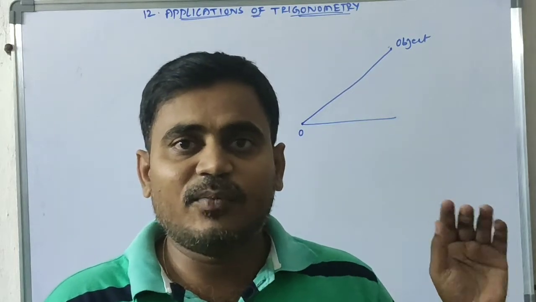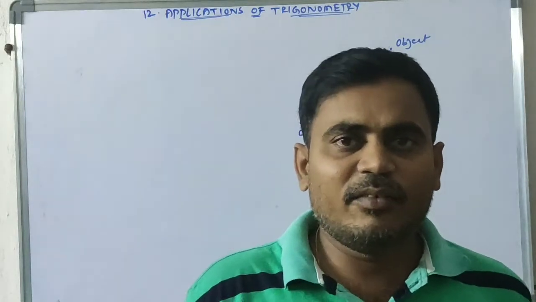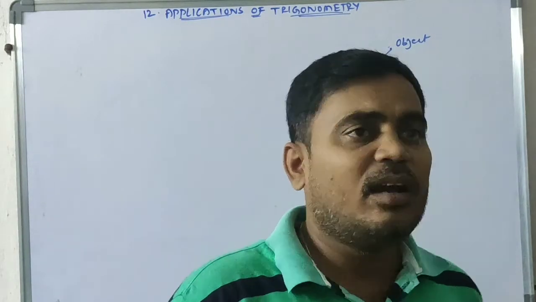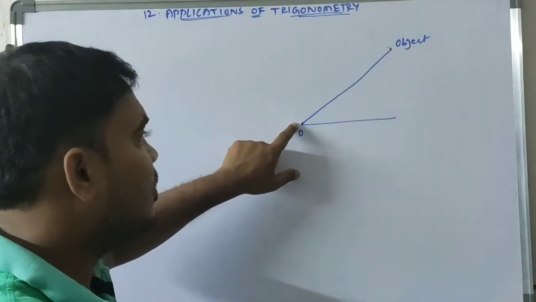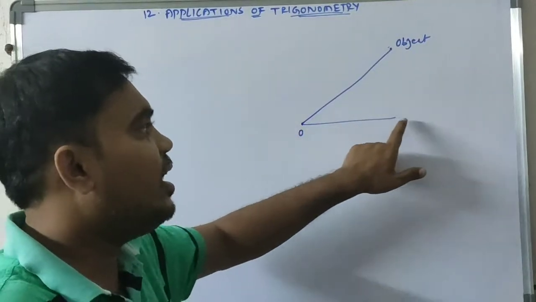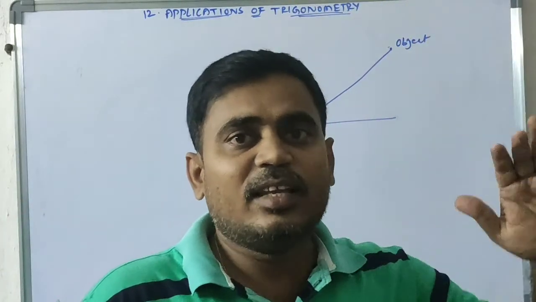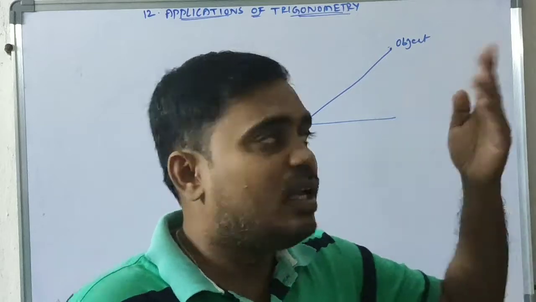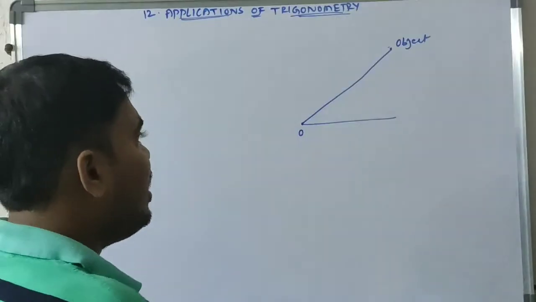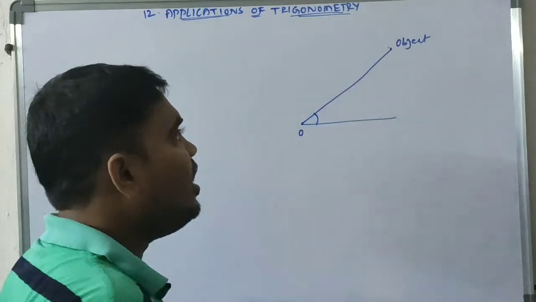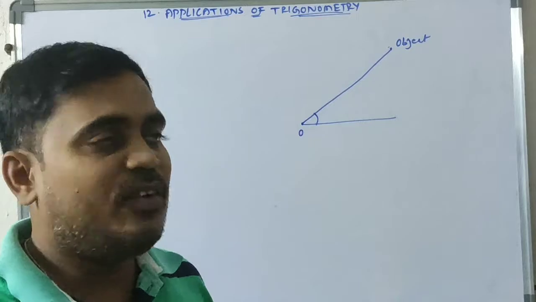From the point of observation, we need to draw a horizontal line. If the object is above the eye level, that is, above the horizontal line, then the angle made by the horizontal line and the line of sight is called the angle of elevation.